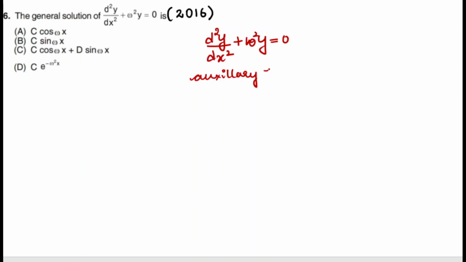The auxiliary equation will be m square plus omega square equal to 0. On rearranging the terms, m square is equal to minus omega square. Taking the square root, m is equal to plus or minus square root of minus omega square.